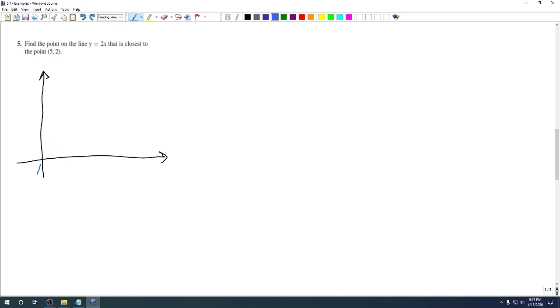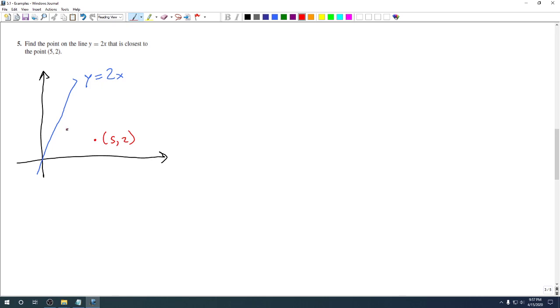Let me go through the origin. This is going to be the line y equals 2x. I made it a little bit too sloped there, but that's okay. We're going to have a point that's 5, 2, so somewhere maybe around over here. And we want to find the point that's on this line that's closest to this point.